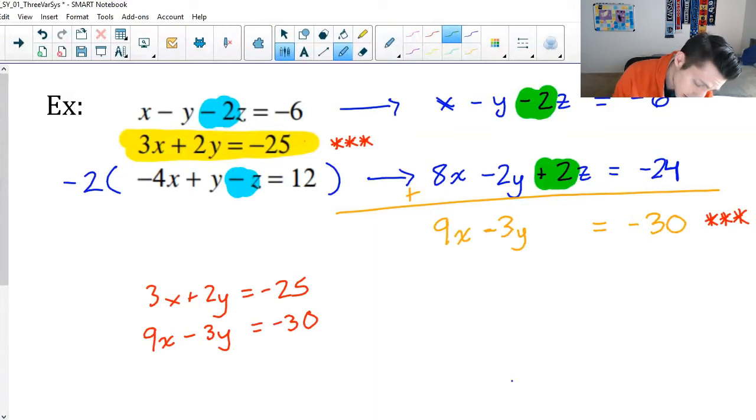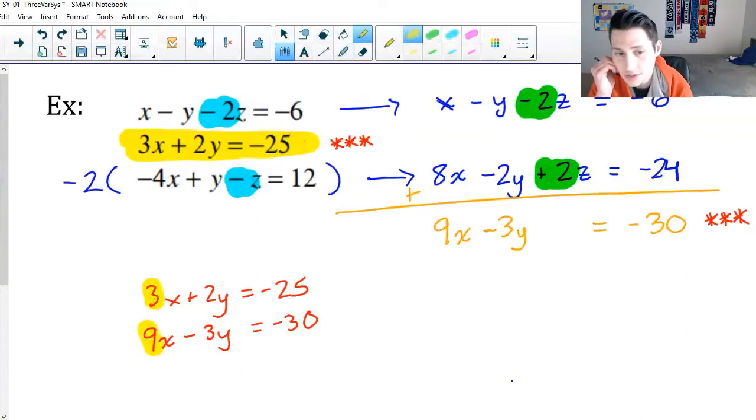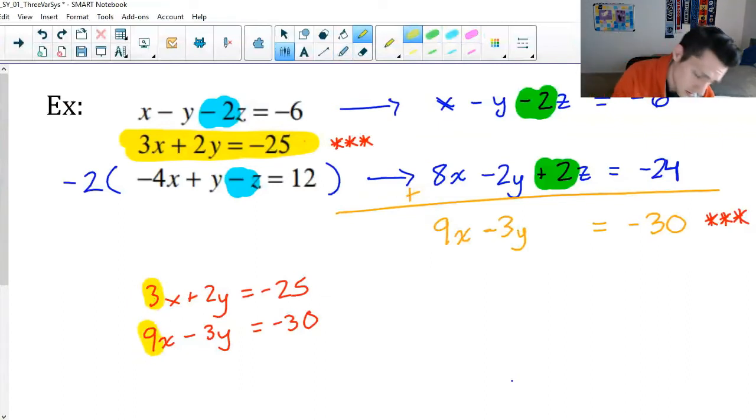So I'm looking at, okay, right now my coefficients for x are 3 and 9. So I want to make those the same coefficient, just a different sign.